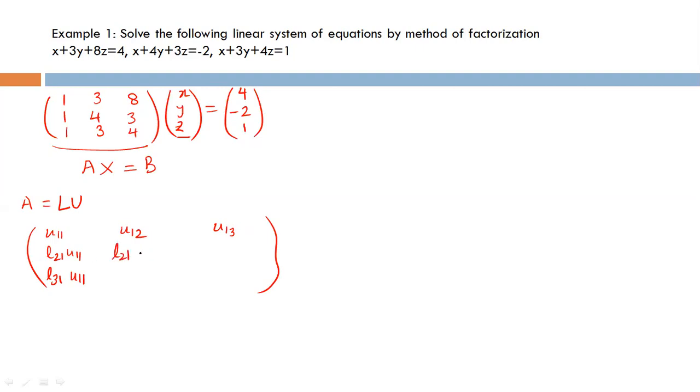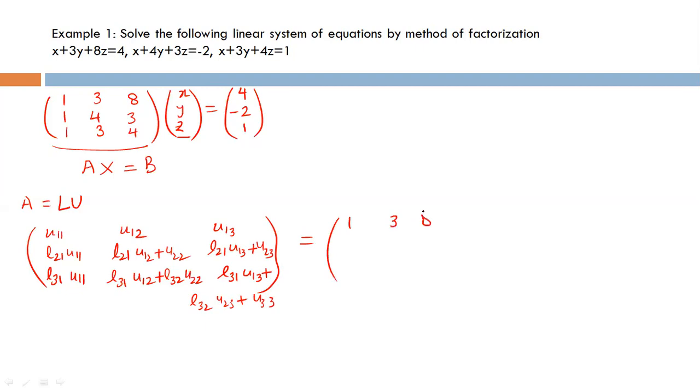L21 U12 plus U22, L31 U12 plus L32 U22, L21 U13 plus U23, and L31 U13 plus L32 U23 plus U33 is equal to the matrix A. It means 1, 3, 8, 1, 4, 3, 1, 3, 4.